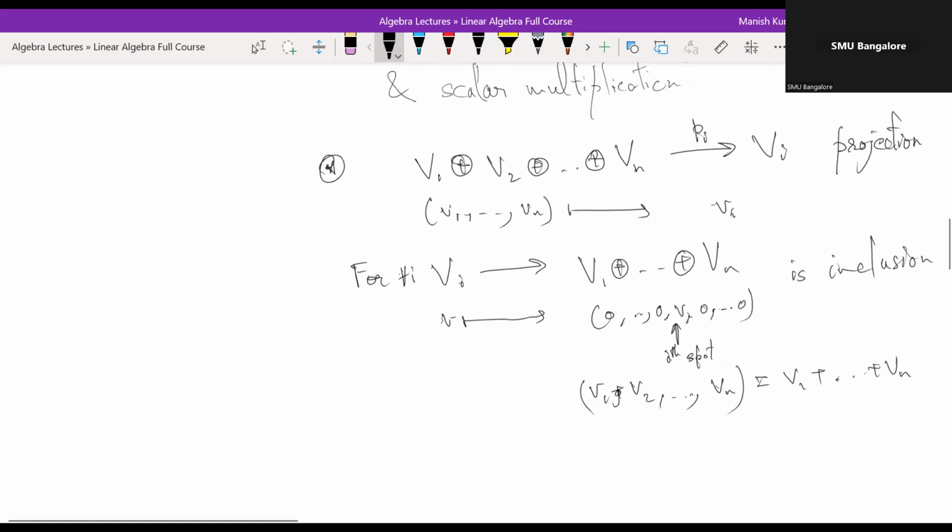So these are two kinds of maps which you can get from a direct sum of vector spaces.